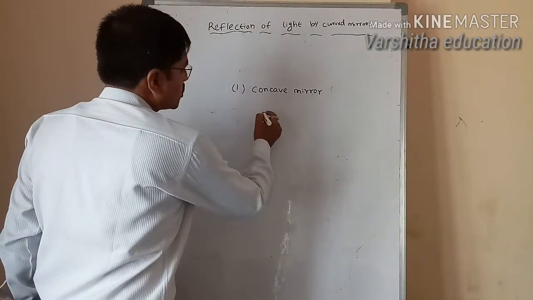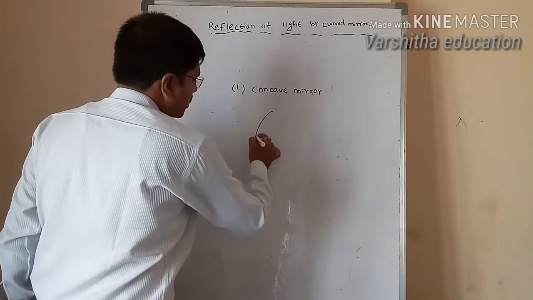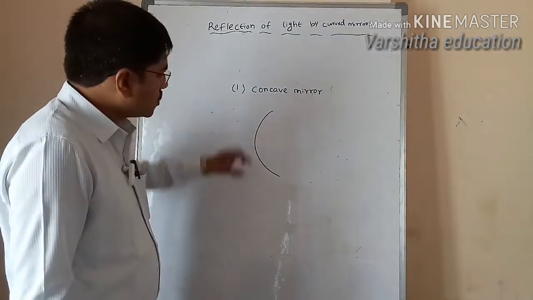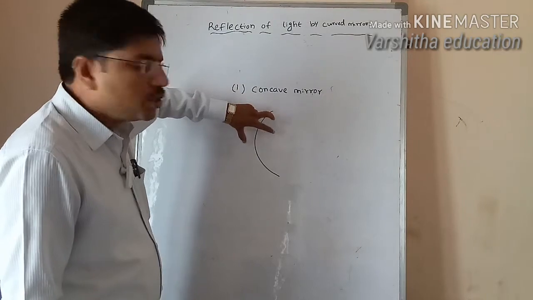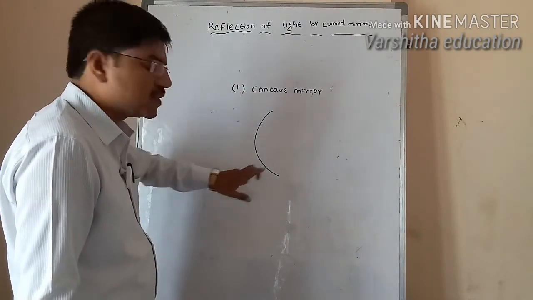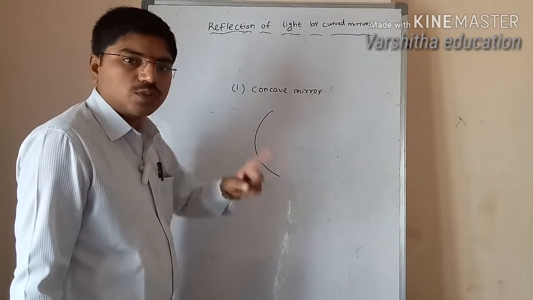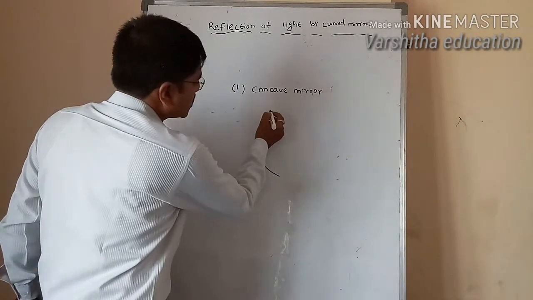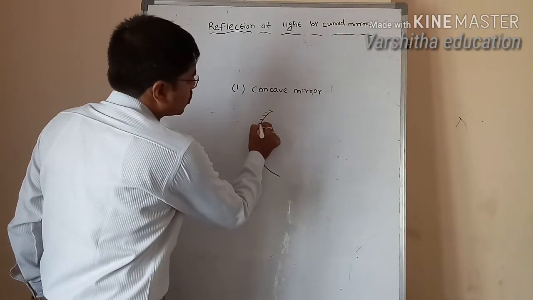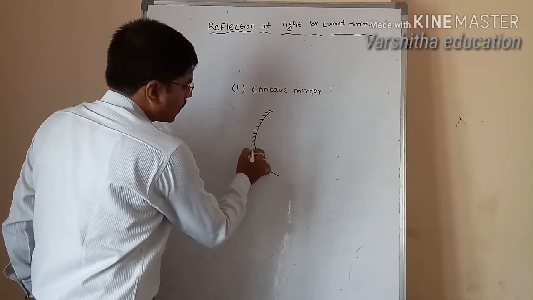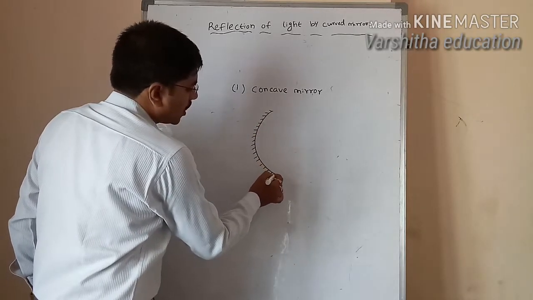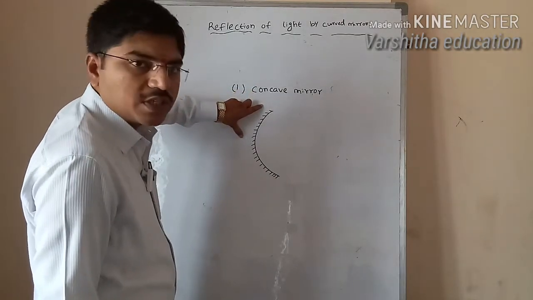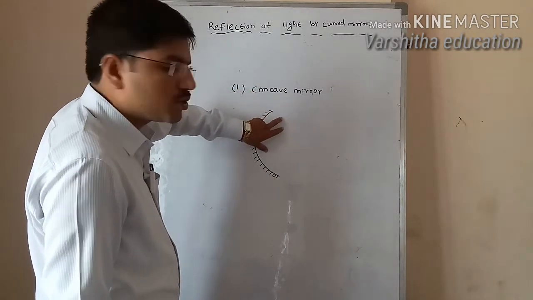Just observe that this is a curved surface. It is not yet a mirror because only one surface has to work. When I draw these lines on the back side, they indicate that this area is not used, and only this area should be used.